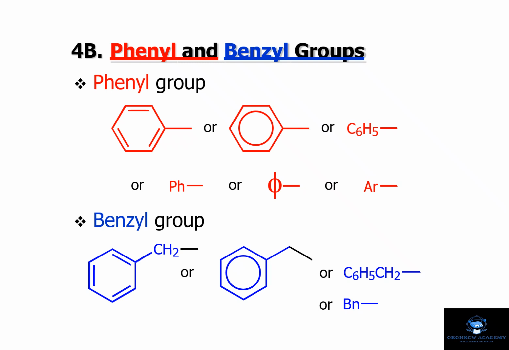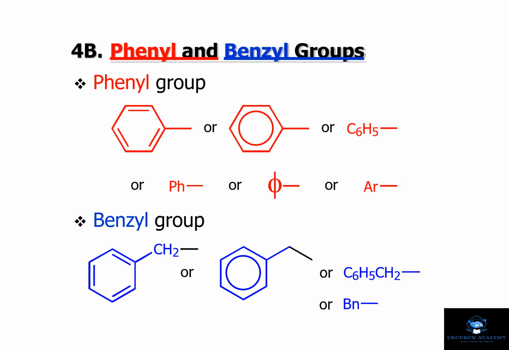So phenyl and benzyl groups. Two special groups derived from benzene are the phenyl group and the benzyl group. The phenyl group is a benzene ring attached directly to the molecule, C6H5, abbreviated Ph or Ar.